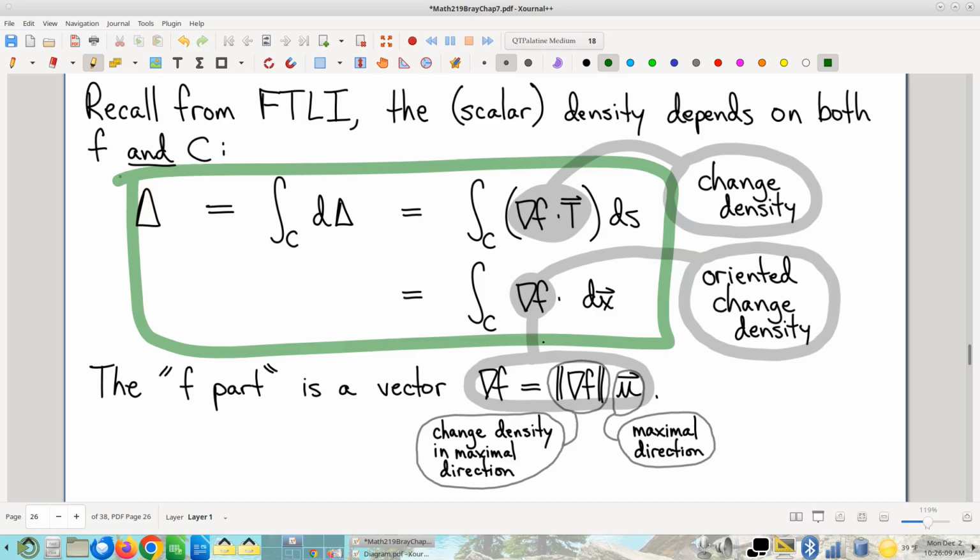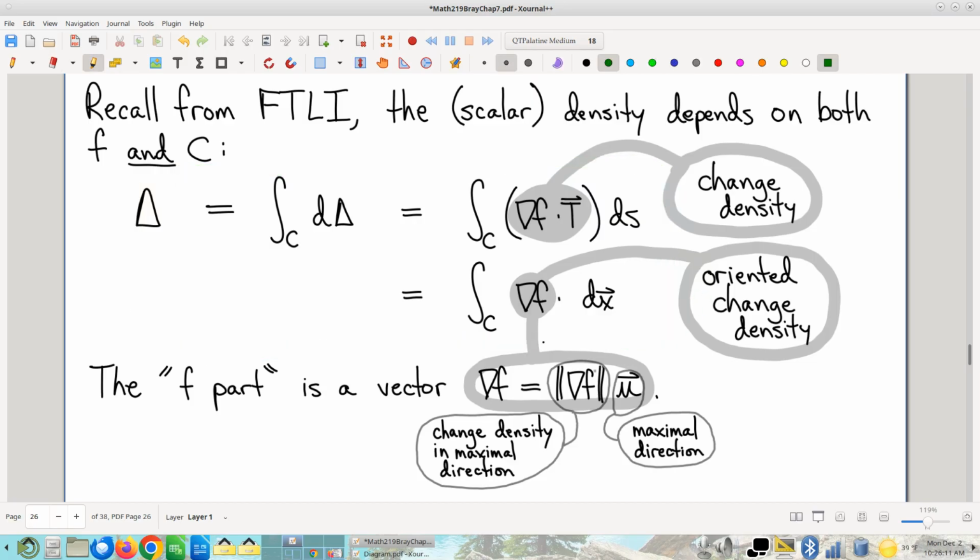Okay, so I'll further remind you that I took a weird point of view on how this gets written down. The weird point of view was, well, look, if stuff is stuff per unit size times size, and specifically this is a scalar density being multiplied by a scalar size, right?